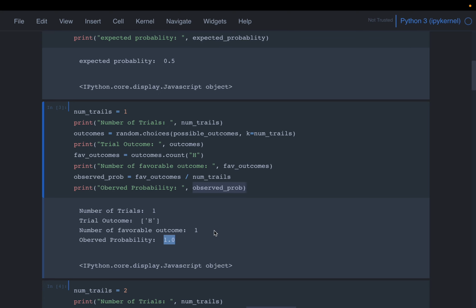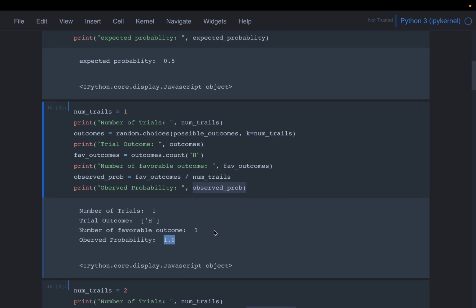That does not mean we do the experiment only once and if we get heads, hey, my probability is 1. It doesn't work that way. Or it can go the other way: when we flip the coin only once, we might get tails, but that does not mean the probability of getting heads is 0. That is why we need to repeat the experiment many times.